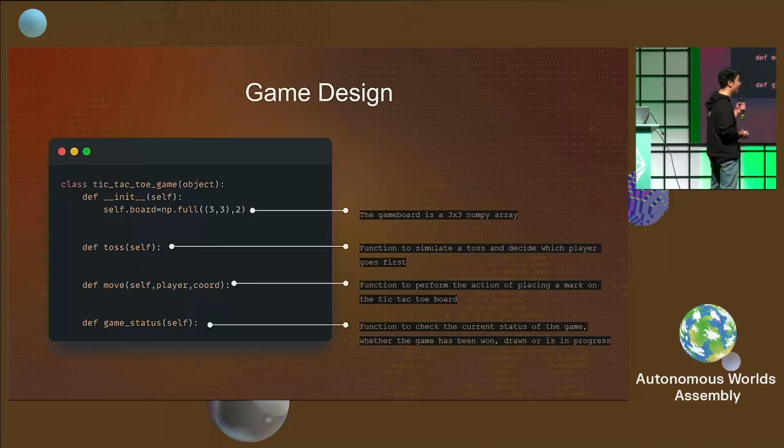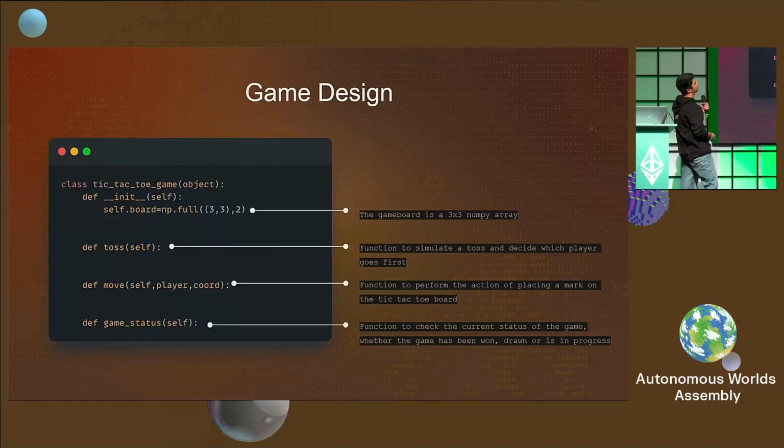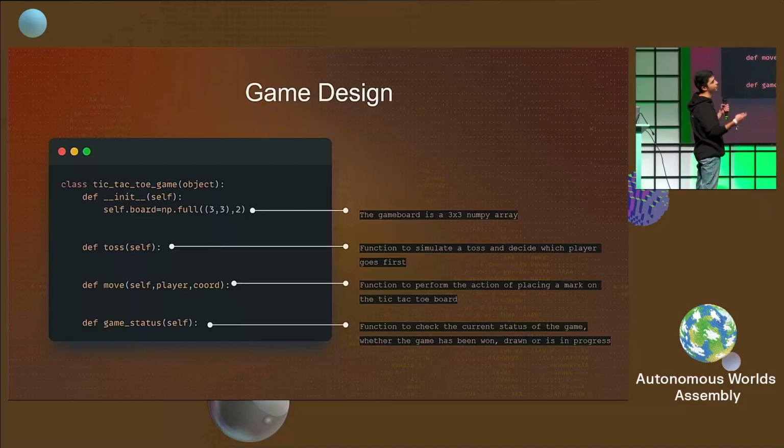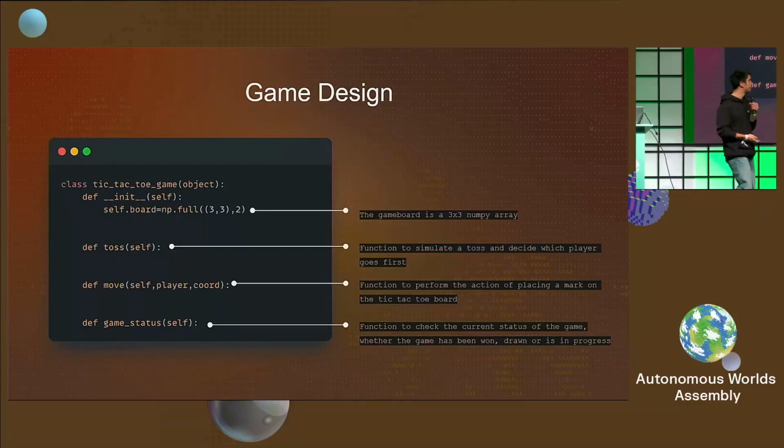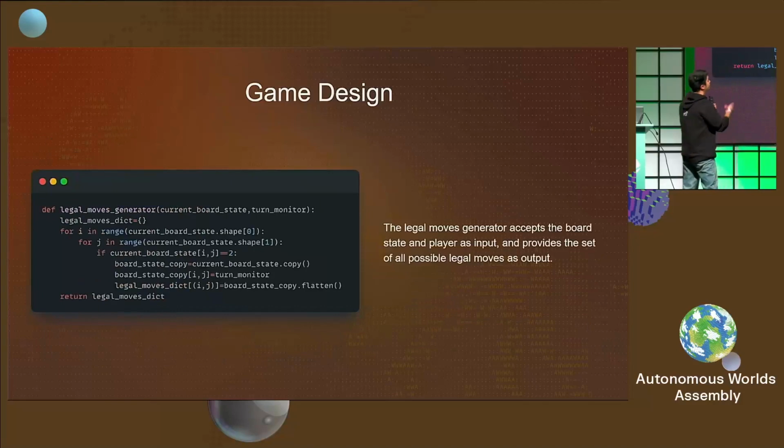As you can see, it's in Python. What you see is, I think, quite explanatory. It's a 3-by-3 NumPy array, and we have some additional functions that play with it. In terms of game design, first of all, we generate all the possible moves, right?